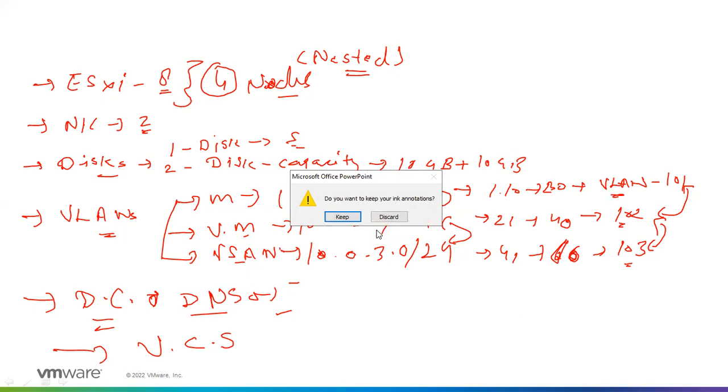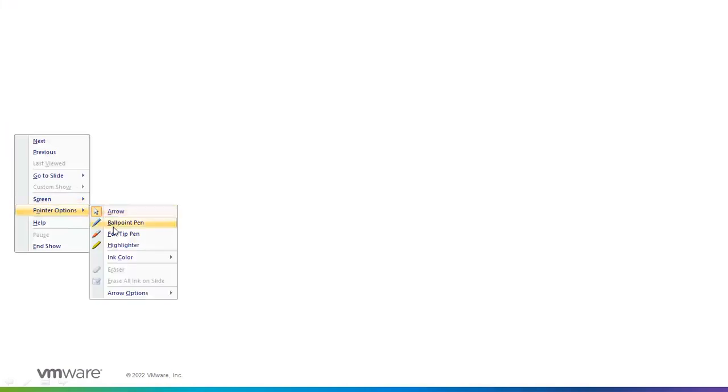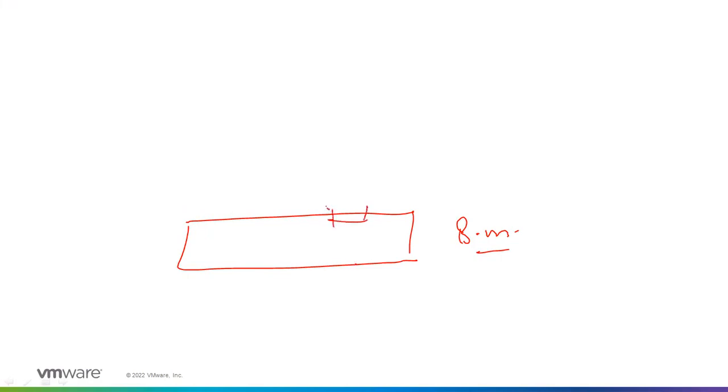Okay, cool. Let me draw a network architecture diagram to explain from a network perspective. This is my bare metal ESXi host. On top of it, by default there is vSwitch 0, right?